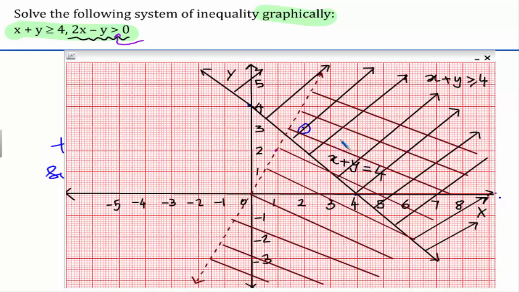That means here you can observe that there is a region here where all the solutions of both inequalities are existing, which will be the solution for the given system.